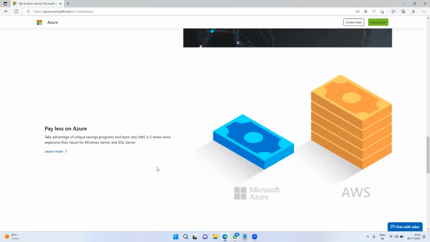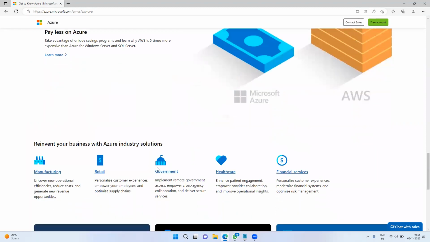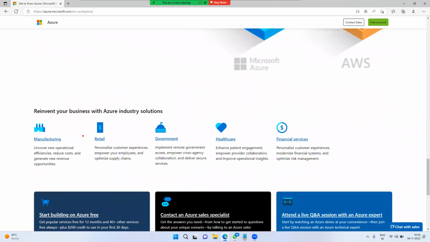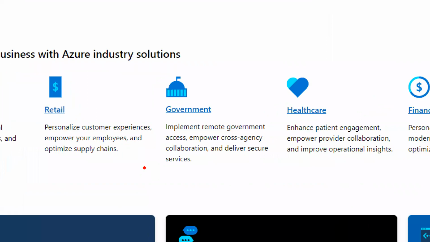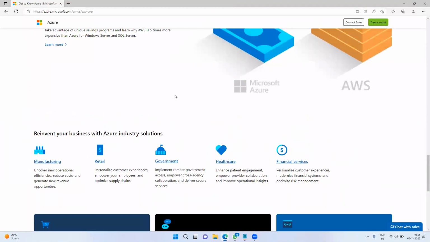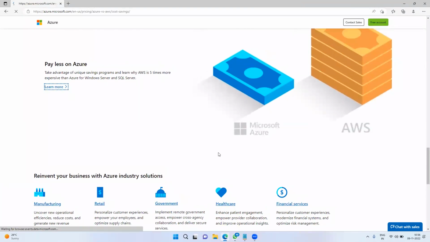As I said, 50% of products belong to Microsoft, and Azure is also a Microsoft product. They can provide cheaper costs than other third-party vendors. Other thing is you can go for learn more.